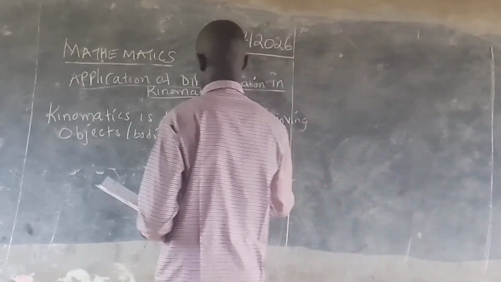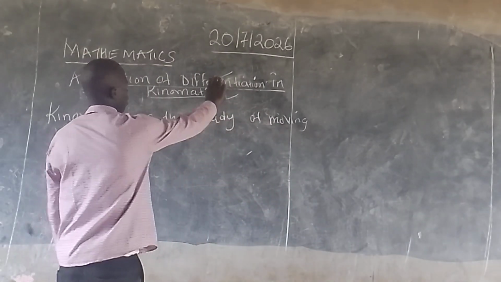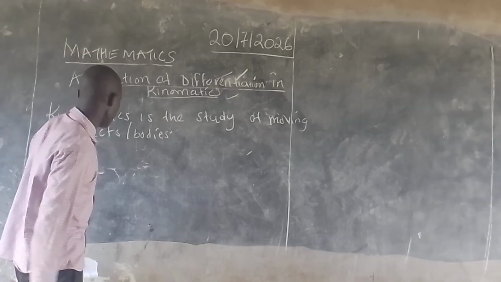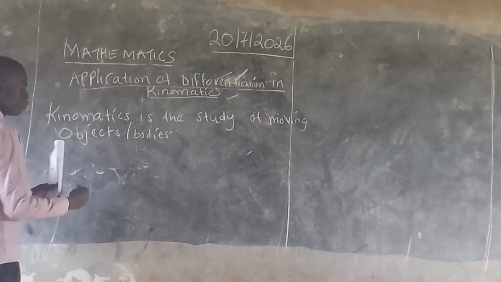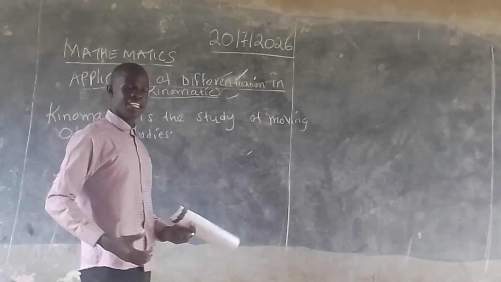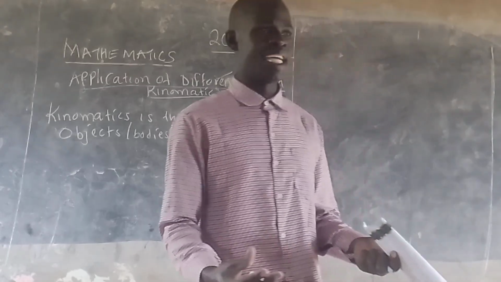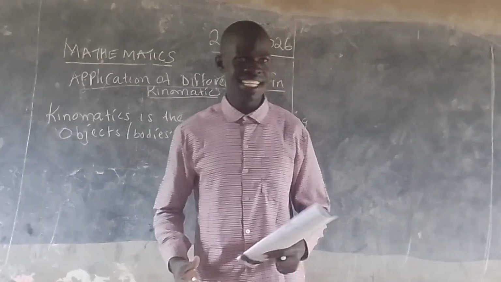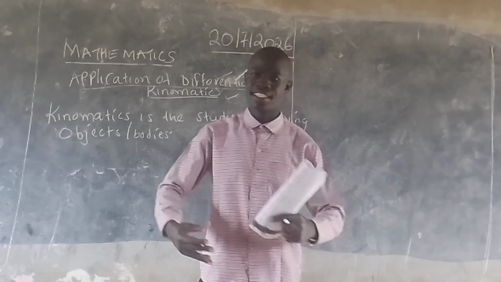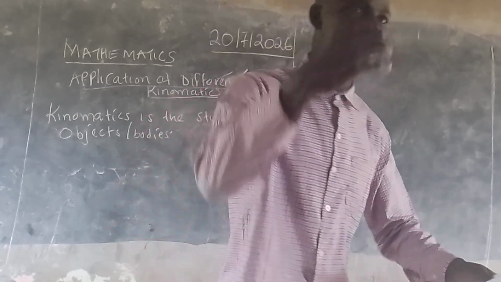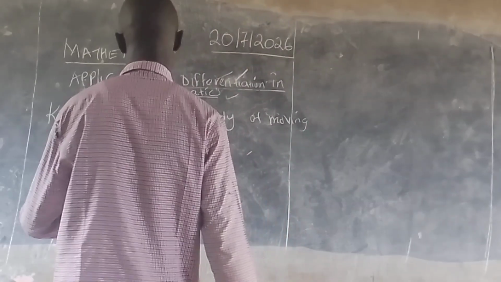Now, today we want to know how it is important that we have differentiation in kinematics. When we talk about moving objects, in linear motion we interacted with things like velocity, speed, displacement, distance, acceleration. Those are the terminologies that we are going to meet again in this topic.